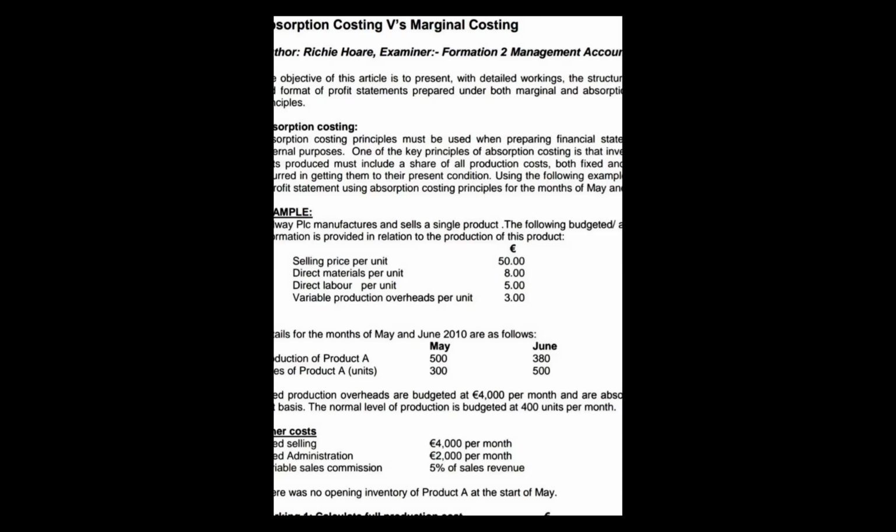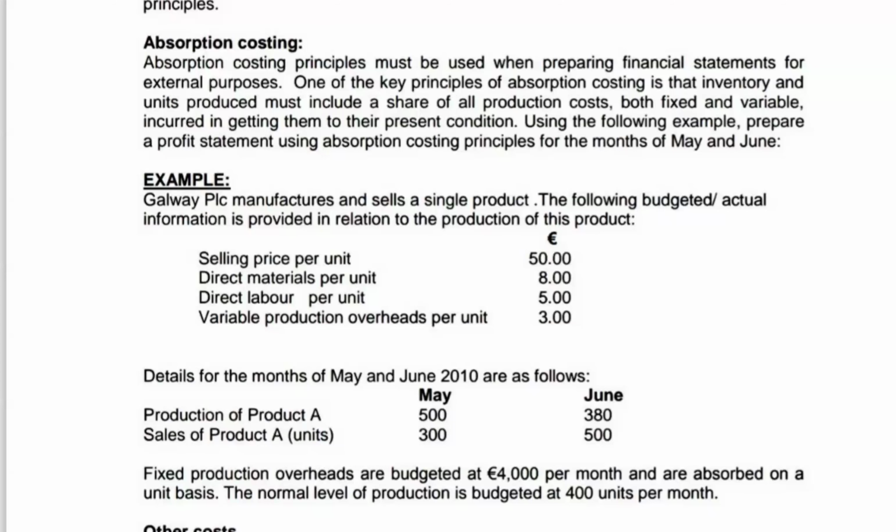So we want to focus and start looking at absorption costing. And I have one question before you that I need to actually read for you.